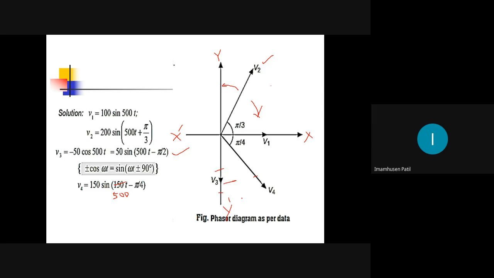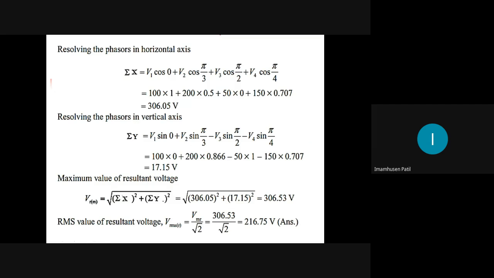V4 sine pi by 4. This is 150 sine pi by 4, that is 150 sine 45.